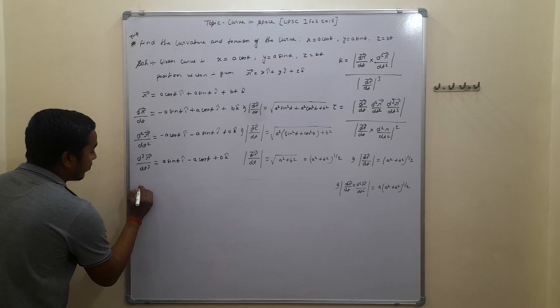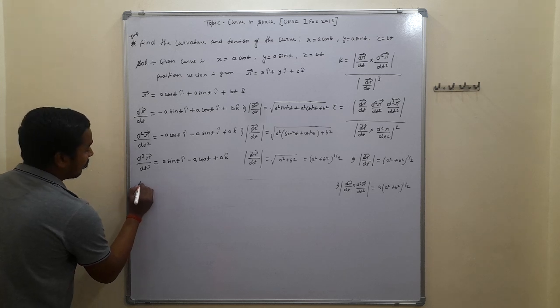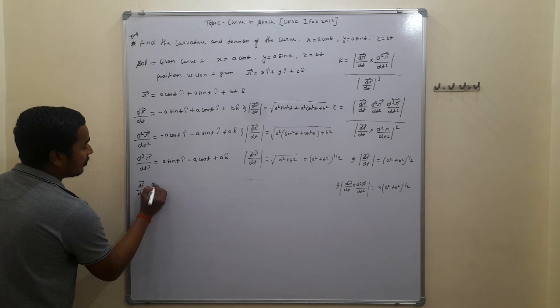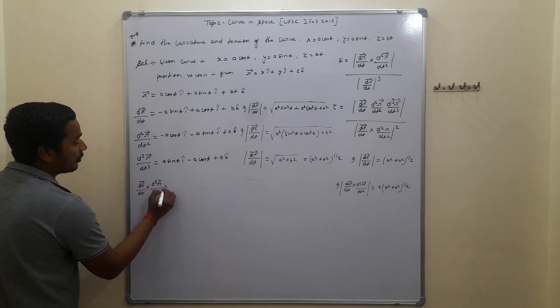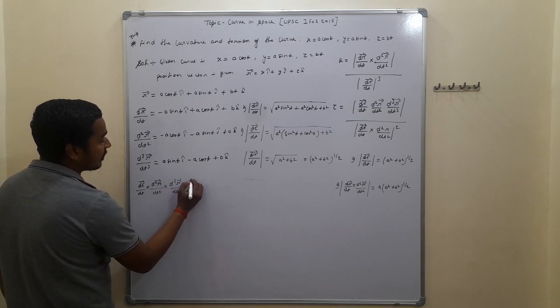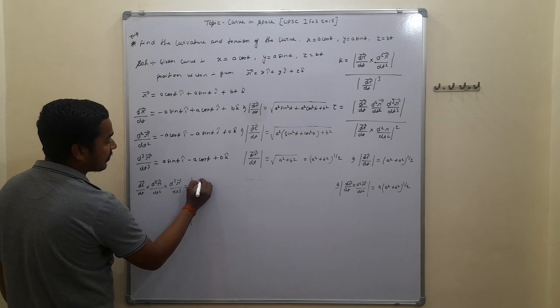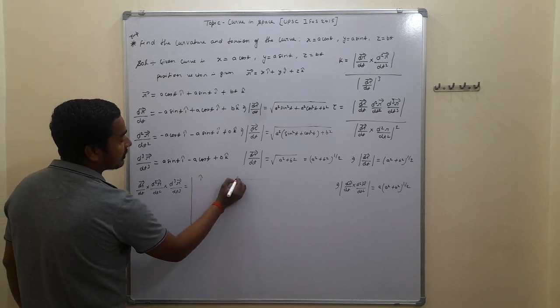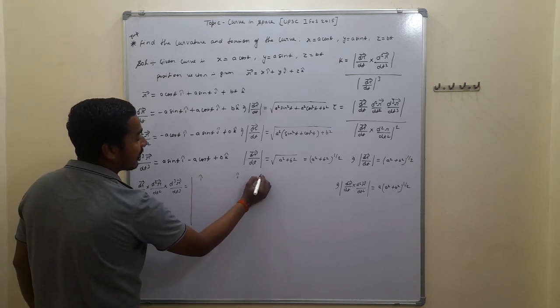Once again, we have to calculate dr vector upon dt into d2r vector upon dt square into d3r vector upon dt cube, and this is given by, in the determinant, i cap, j cap and k cap.